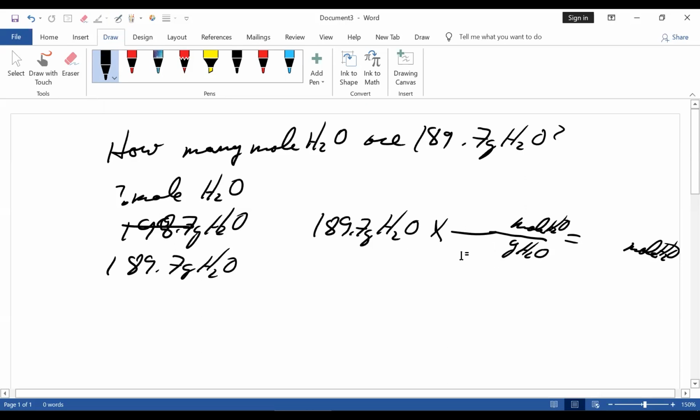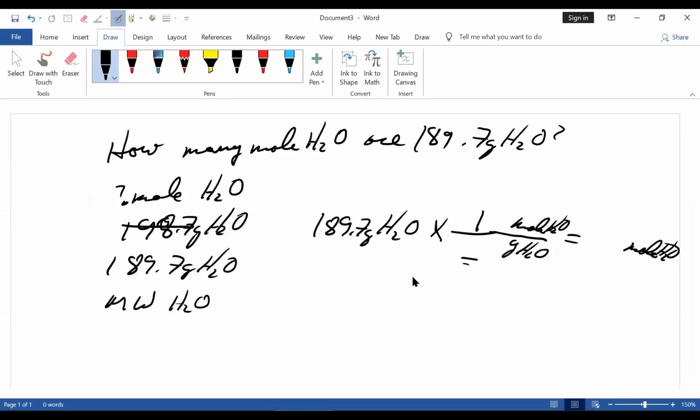All right, where do we get these numbers? 1 mole equals the molecular weight of water. Molecular weight of water is the sum of all atomic weights. There's 2 hydrogen, 1 oxygen. If you go to your periodic table, to 3 significant figures, the atomic weight of hydrogen is 1.01.